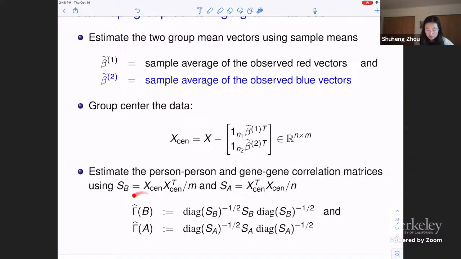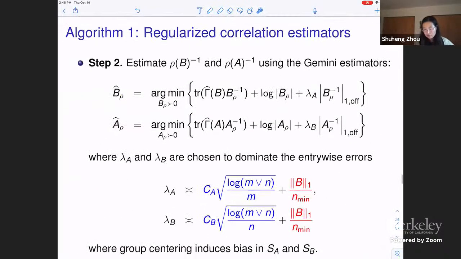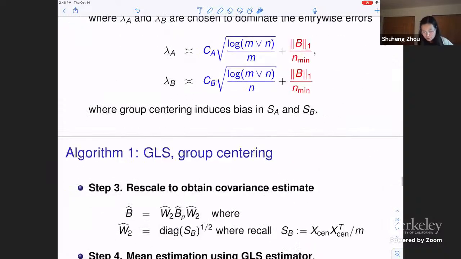And we compute the gamma hat A and gamma hat B, as I showed earlier, using the Pearson correlation coefficient calculation. And I put in the Graph-Lasso estimators, with the appropriate penalty, adding this additional term because of the mean estimation.